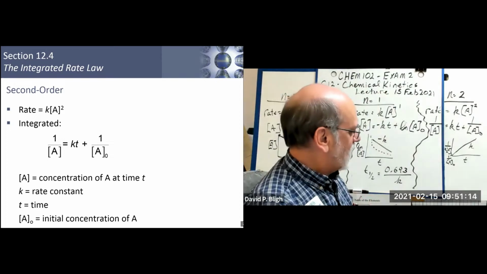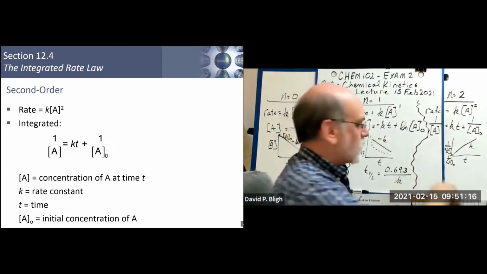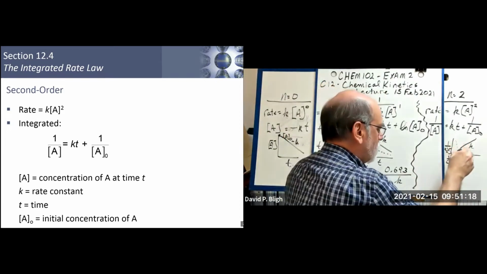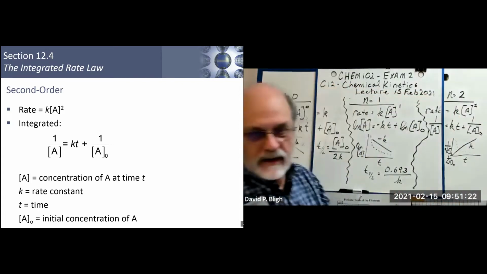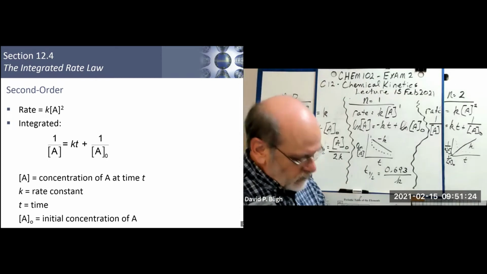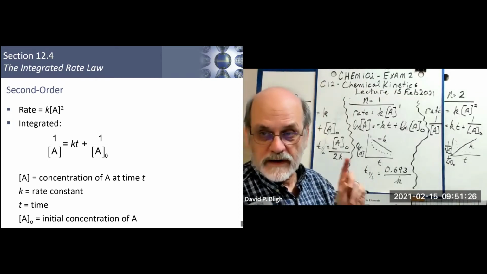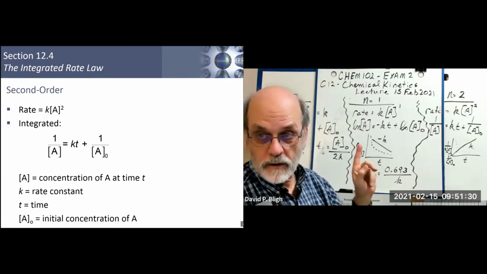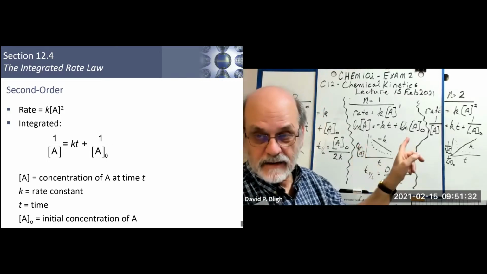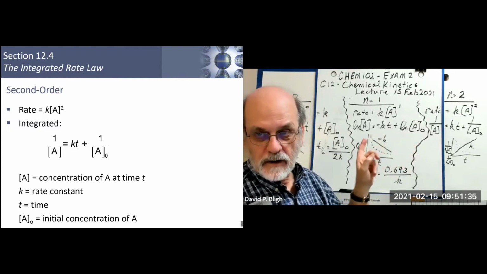Okay, if you plot the raw data, of course, you get another curve. So what does that tell you? That tells you if you want to determine what is the order for your reactant A, do your transforms.